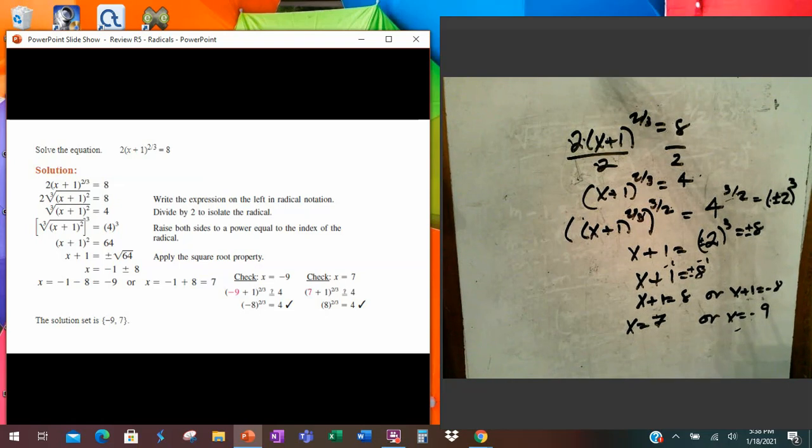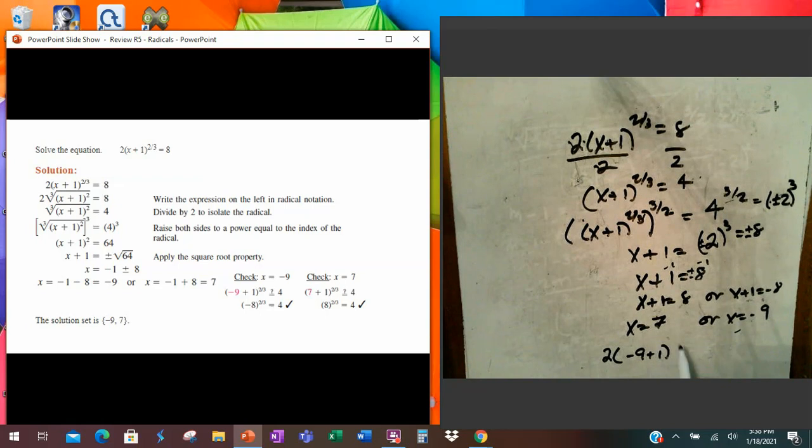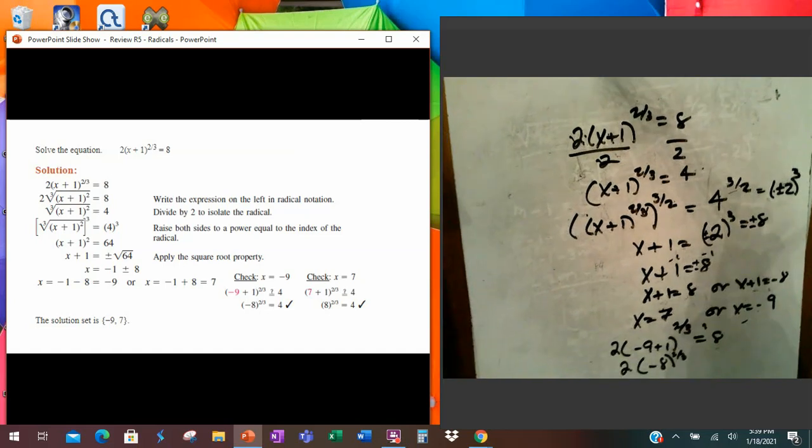And let's see if this works. So if I go back again, 2 times (negative 9 plus 1) to the 2/3, does this equal 8? 2 times (negative 8). This is take the cube root and then square it. The cube root of negative 8 is negative 2.